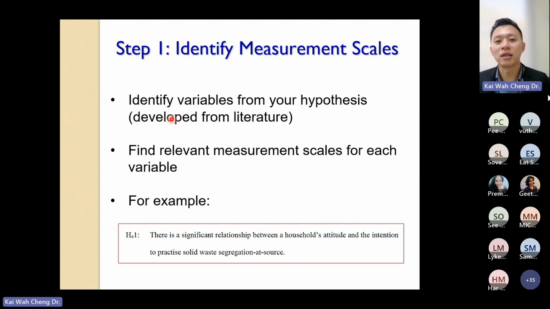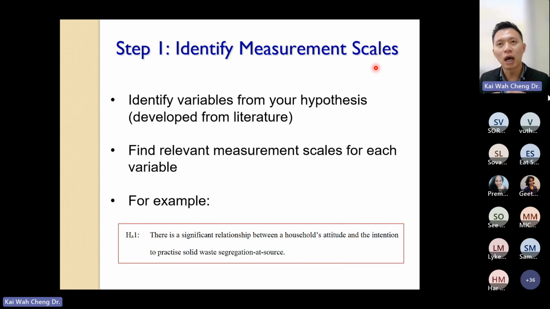Step number 1, identify measurement scales. Measurement scales mean the way we collect the responses from the participants. For example, either you are using a 5-point Likert scale or a 5-point Likert-type scale.